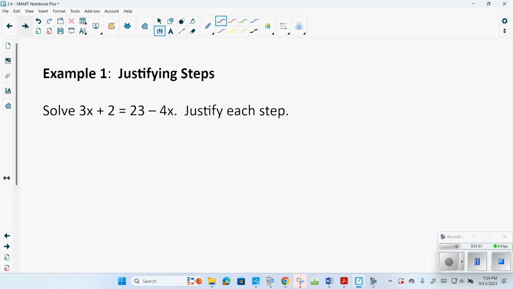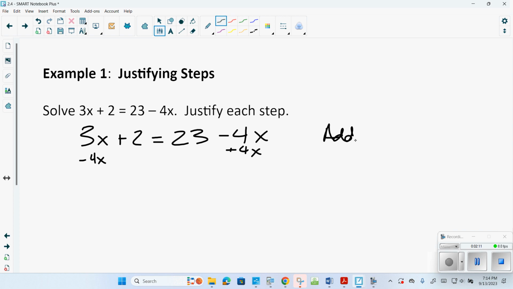All right, so here we go. I've got a math question that I want to solve algebraically. I'm going to rewrite it just to give myself some space. All right, I'm going to add 4x to both sides. That would be the addition property of equality. And notice I abbreviated there. So I just put add prop of equal. Okay, so the addition property of equality.